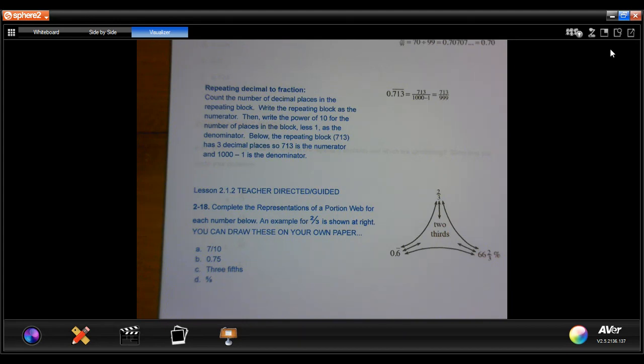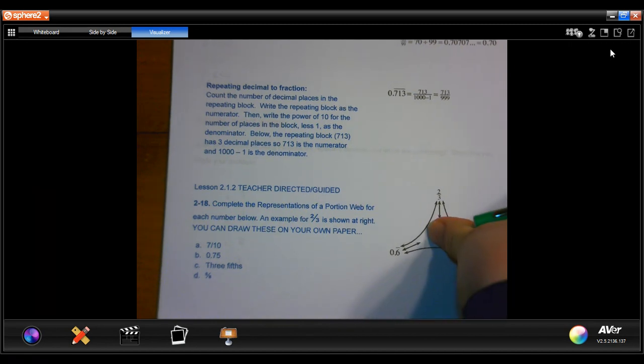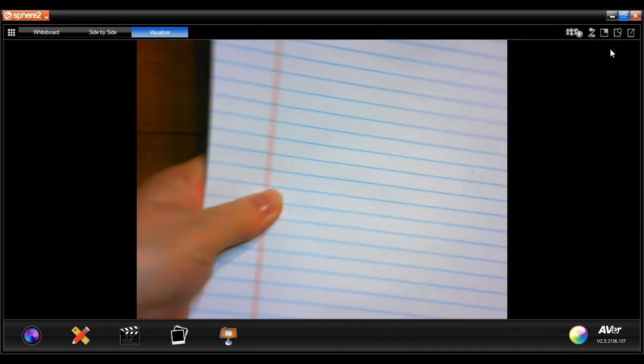I'm going to take a piece of loose leaf type paper and I'm going to put this to the side so that I can still see my numbers that I need to do my portion web with. The first one that I have is 7/10.